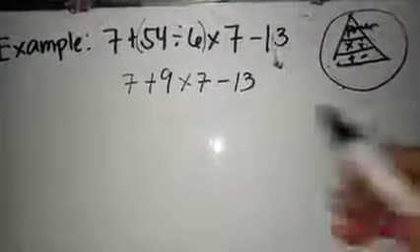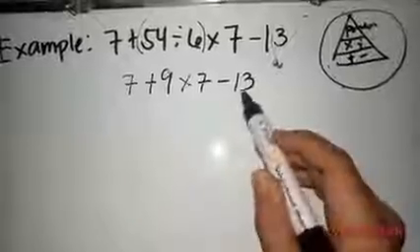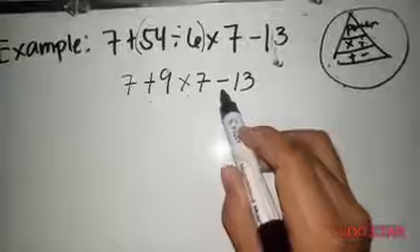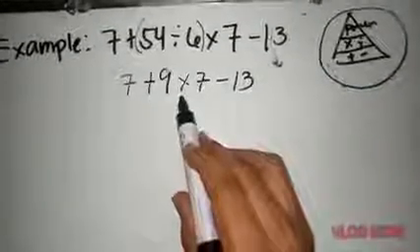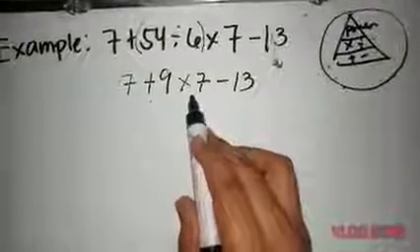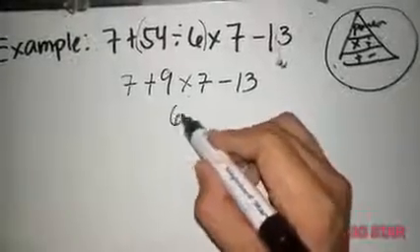Next, check the operations again: addition, multiplication, and subtraction. We know that we should evaluate multiplication first. So 9 times 7, the answer is 63.